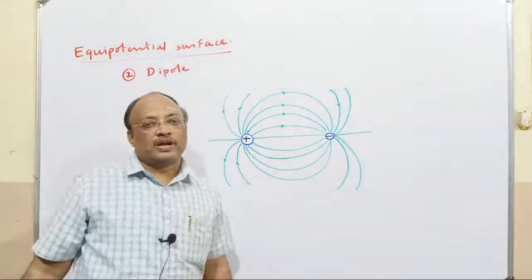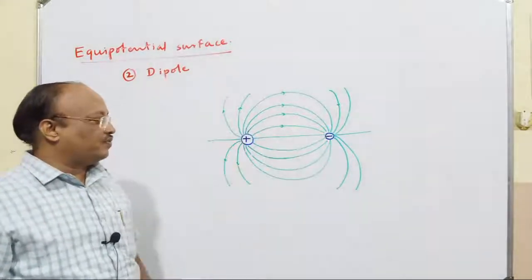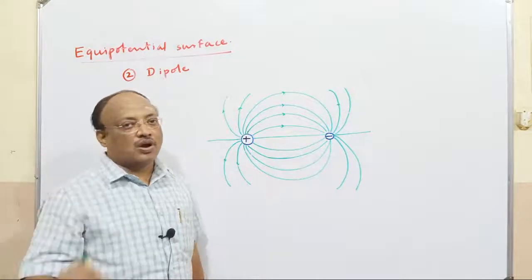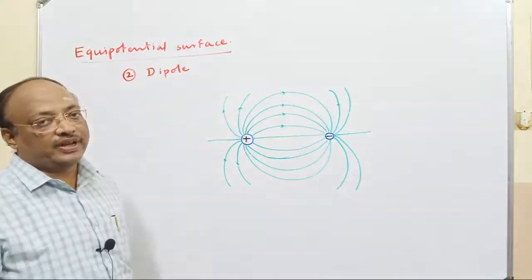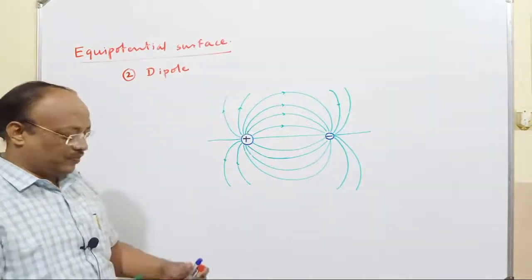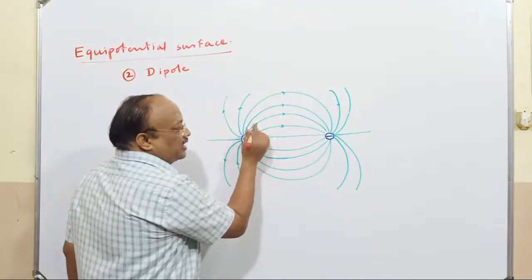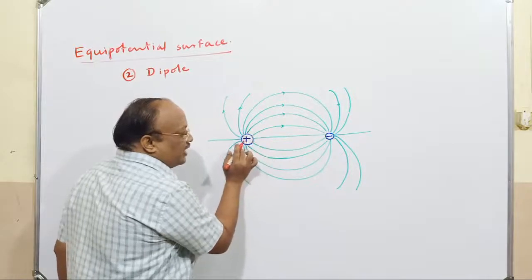So these will be our electric lines of forces for a dipole. I have to draw now the equipotential surface. See, here the electric lines of forces are very dense.